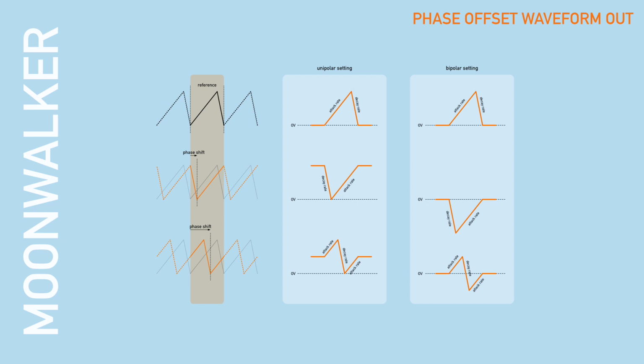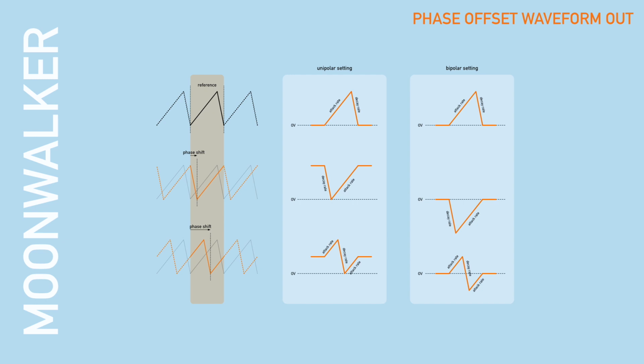And at that point, the phase offset waveform out actually starts by decaying. And then when the decay slope has done its thing, we're rising again at the steepness that we set with the attack knob. You can see in the bipolar setting that our waveform is completely below 0 at this point.